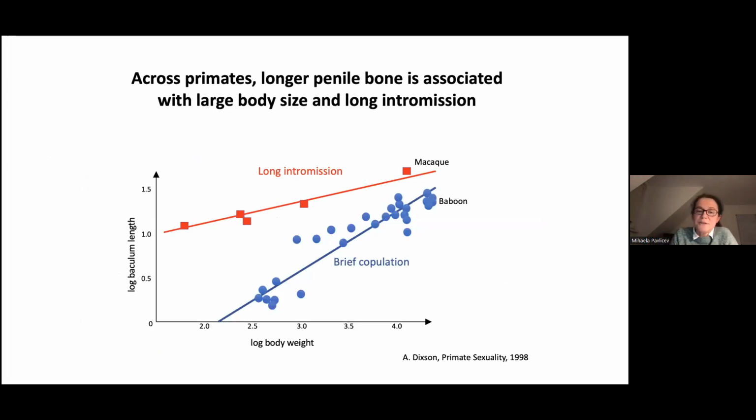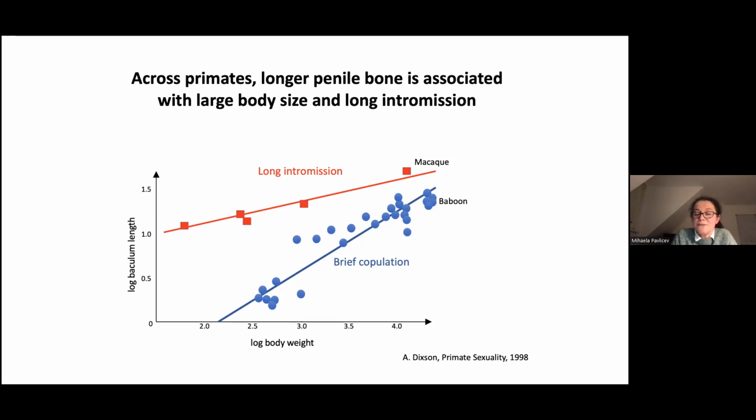Humans are actually quite specific about the pelvic floor and about erectile function, and that is that among primates, humans have both a relatively large penis and long intromission. Intromission and the body size, but also the size of the penis, are actually correlated across primates with baculum length.